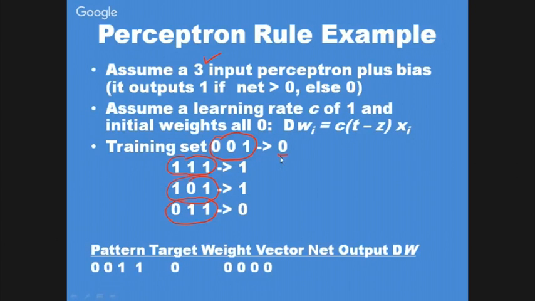And these values have targets. For the first one, 0, 0, 1, the target is 0. For the second one, the target is 1. For the third one, the target is 1. For the fourth one, the target is 0. Right? We want T, we want the inputs x1, x2 and x3. What else do we want? We want C. Let us take C equal to 1. And another thing, if you want, you can give a bias.